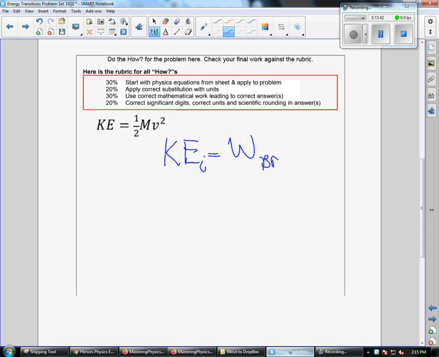Alright, so I need to keep in mind that I'm talking about the rider and the bike together, right? So I'm going to substitute in using my equation.